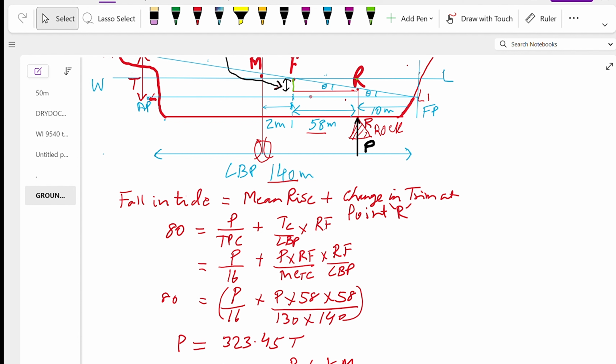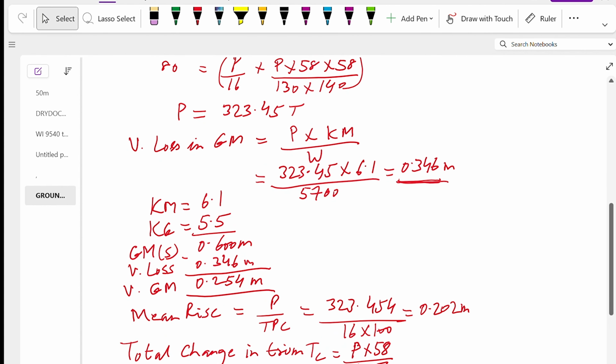This will give you the force P, and after the force P you get virtual loss in GM by applying any formula you want, P into KM upon W or P into KG upon W minus P. Both are acceptable. This will give you the virtual loss in GM. Find the GM by KM minus KG and subtract the virtual loss. You will get the virtual GM at that time.